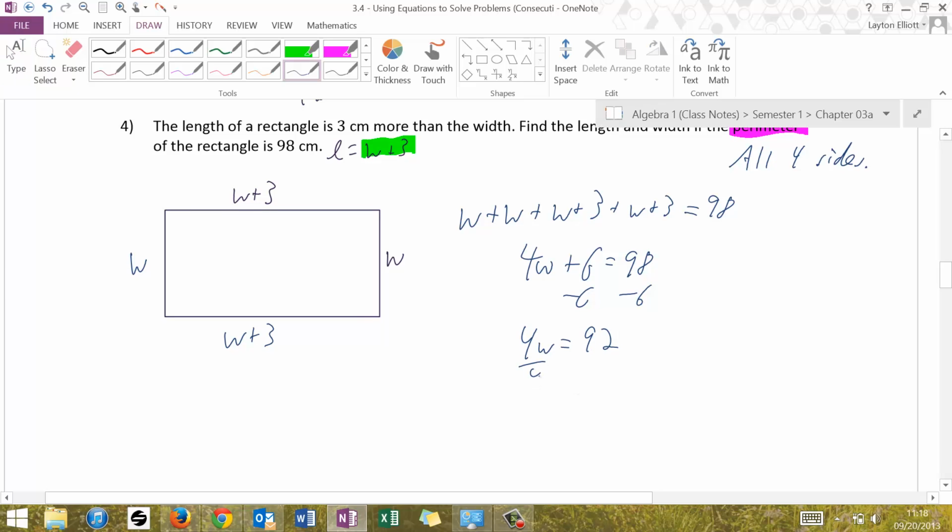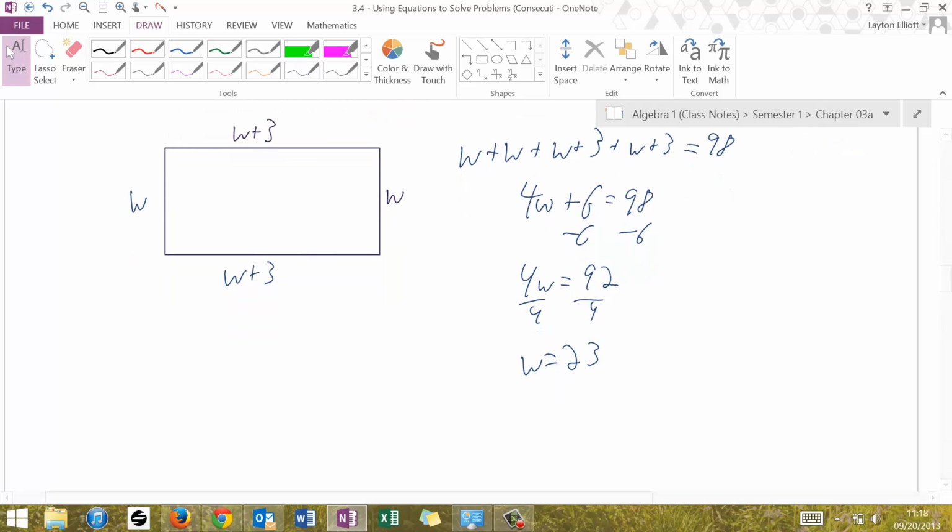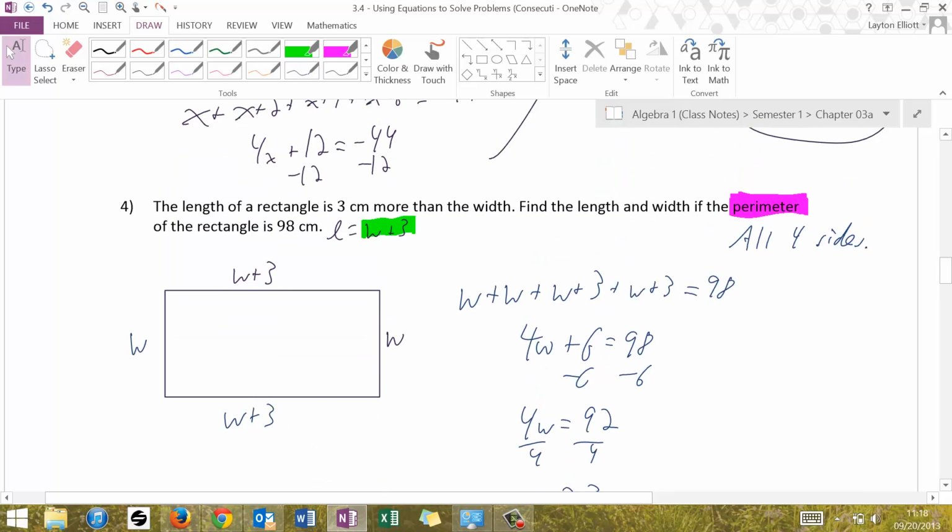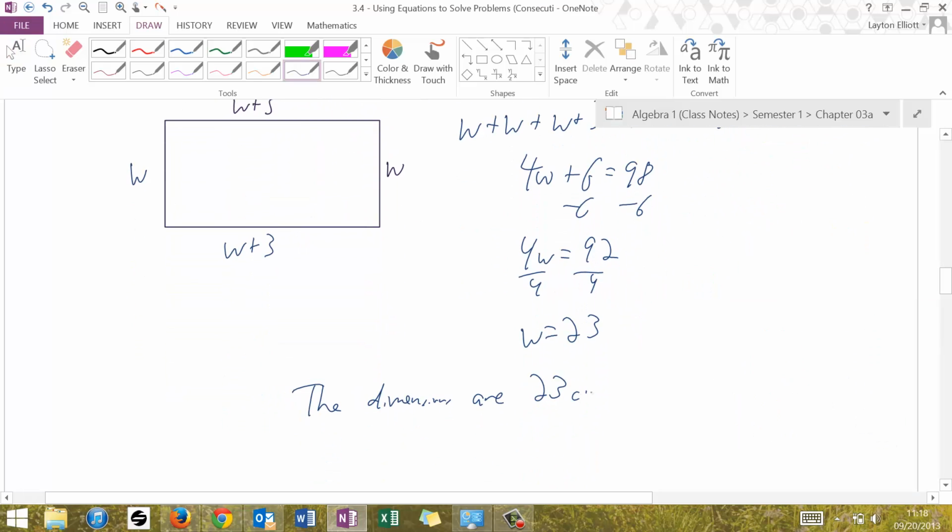And divide by 4. And I believe we get W is equal to 23. We can say the width is 23 and the length is 26, or I can say the dimensions are 23, the units are centimeters, by 26 centimeters.